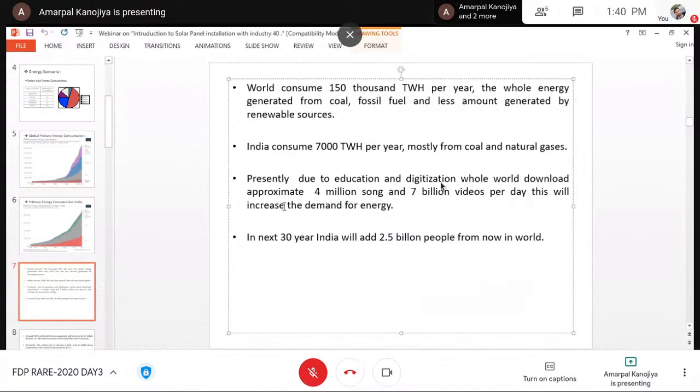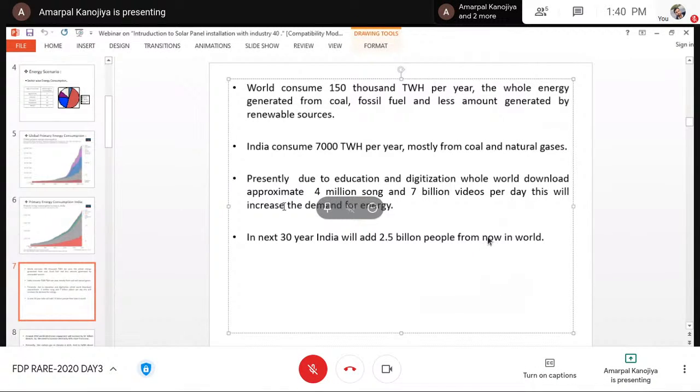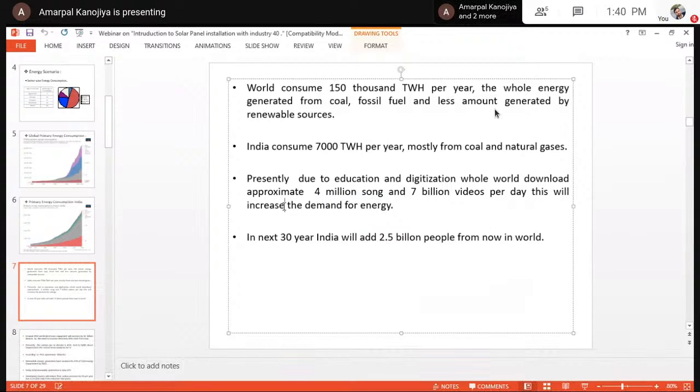Now, if we see the present scenario, just because of digitalization, we download approximately 4 million songs and 7 billion videos per day. This requires a high amount of energy.